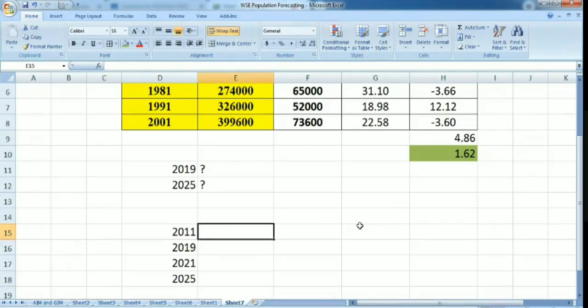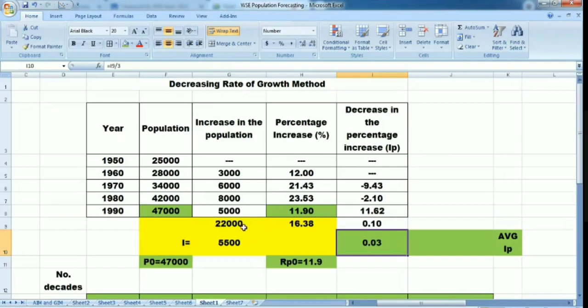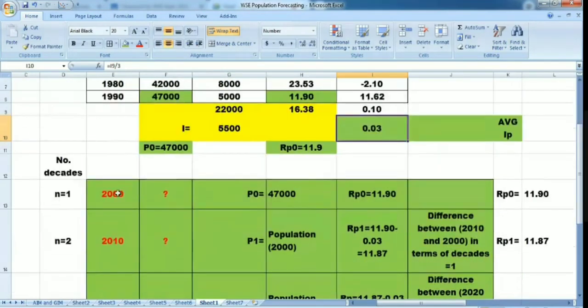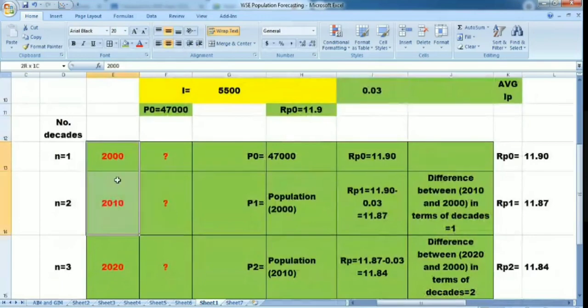Okay. Now what is the P naught value here? The P naught value is 3,99,600. Okay. See, we'll just go back to the previous one. We were asked to find out the population in the years 2000, 2010, 2020.